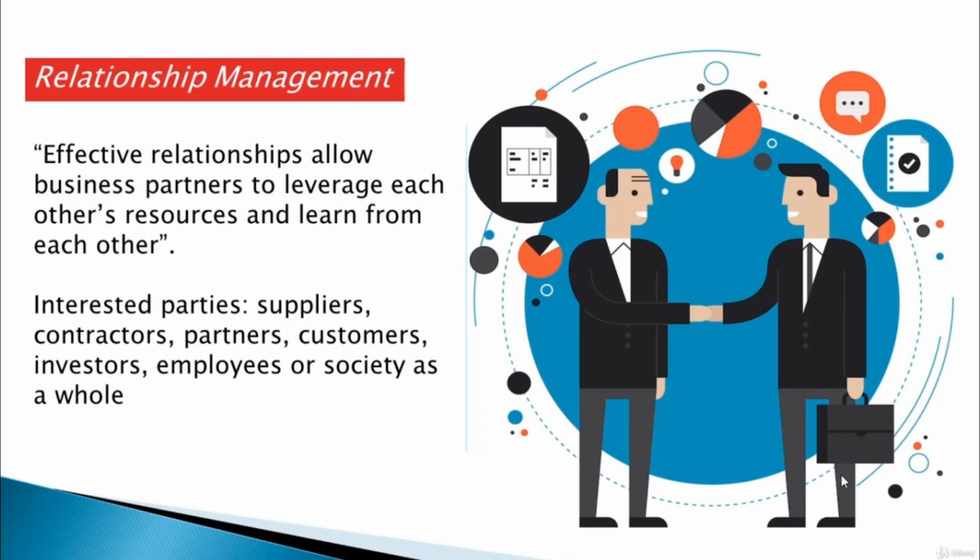So, what the organization needs to do is manage its relationships. It needs to maintain relationships with interested parties. Now, of course, when we say interested parties, we're talking about the suppliers, contractors, partners, customers, investors, employees, or society as a whole.